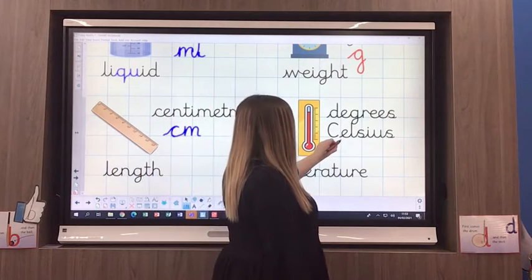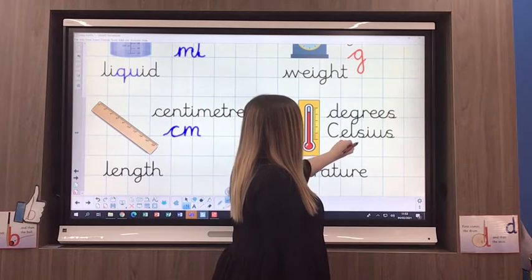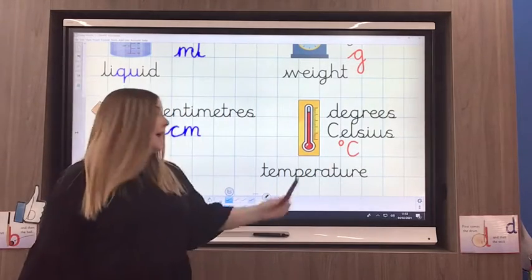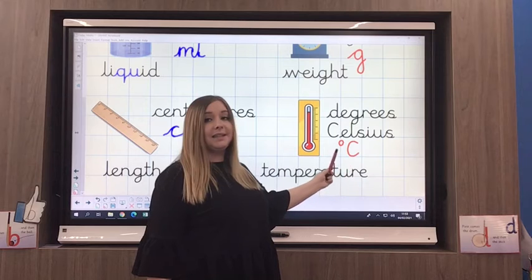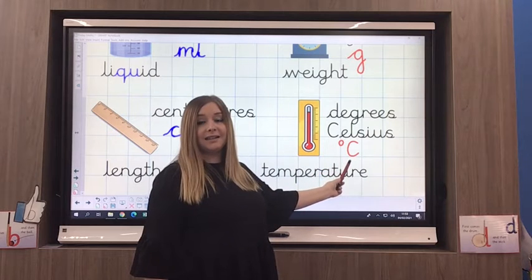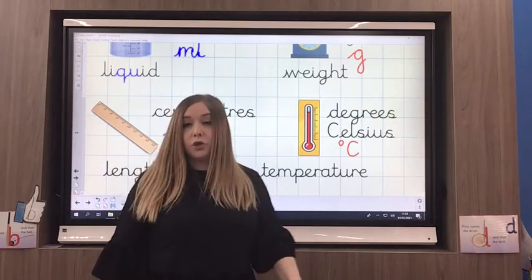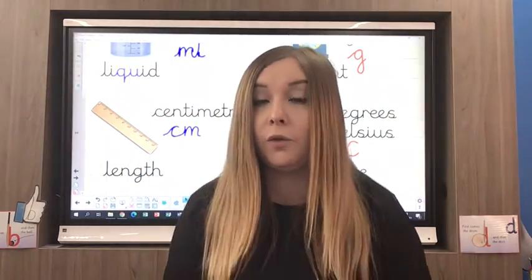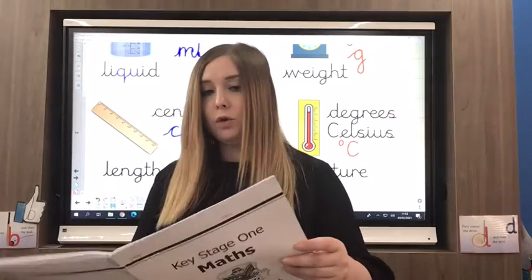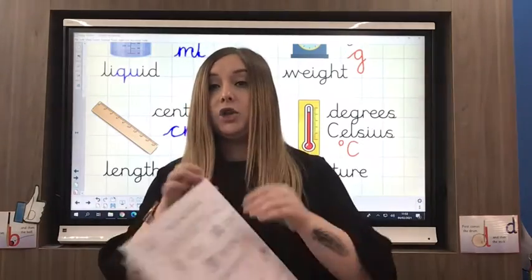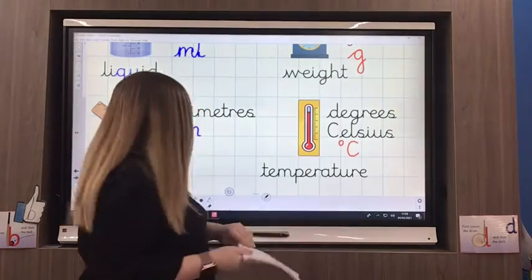So you'll see a little circle up in the air, and then a big curly K, and that represents degrees Celsius. Okay, so if we now turn to your booklet, year 4, you're going to turn to page 20, which is the first page on measuring.